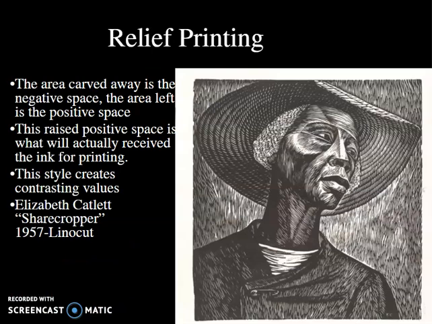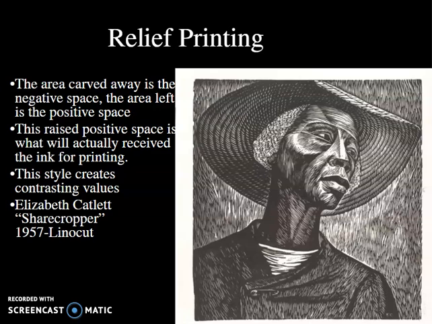Another type of printmaking is called relief printing, and this is probably the type of printing you might be most familiar with, or perhaps you have had experience with it, maybe even in elementary school or middle school. This is where you're using some sort of material to carve away. It is a subtractive method. Common materials could be wood, linoleum, or a soft rubber block.